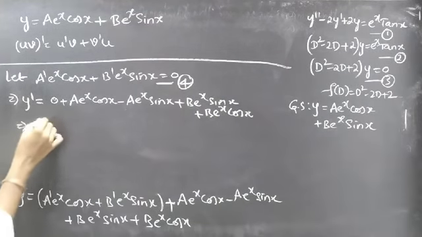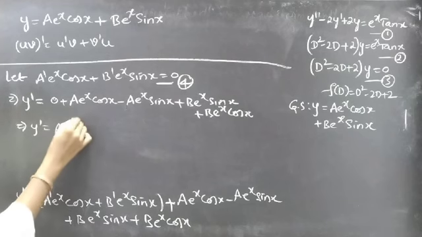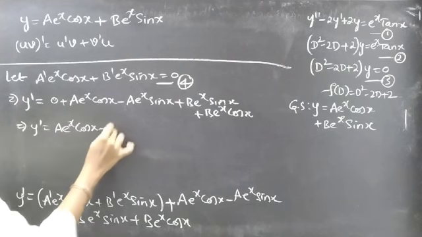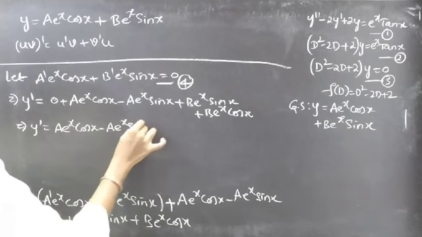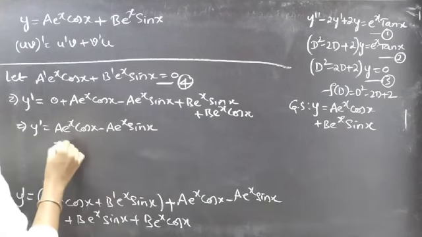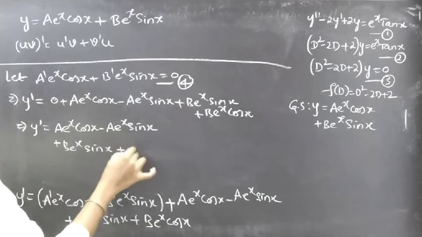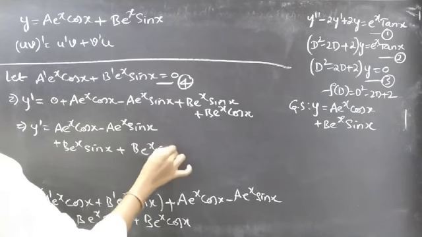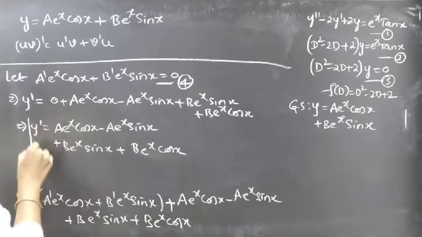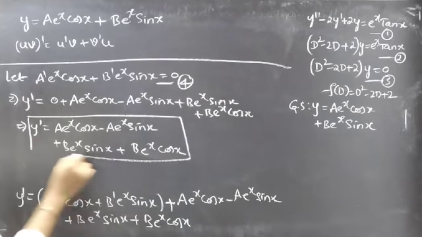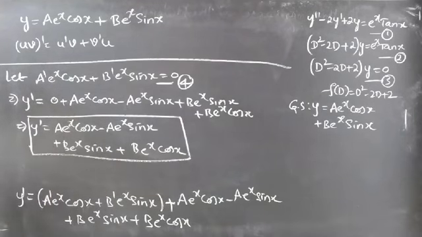From this we'll get y' = a e^x cos x - a e^x sin x + b e^x sin x + b e^x cos x. So this is the required y'. Let's now find y'', that is the derivative of y'.